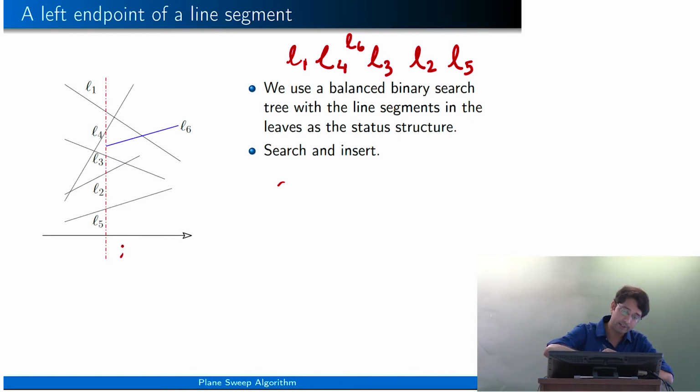The next event point comes here. What will be the order after this? First L1, no, here, this is L1, right? No, at this intersection point.